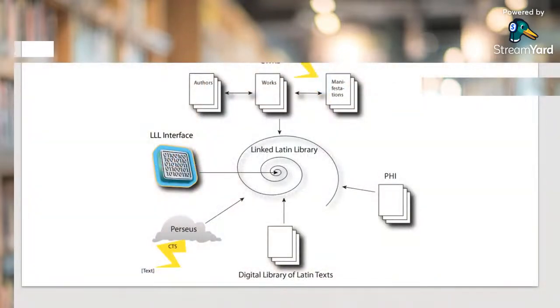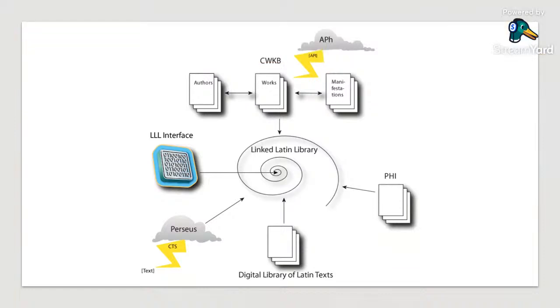So here we go. The original idea was this linked Latin library represented by this swirling vortex here, a central location for being able to find and use texts and other resources that are available elsewhere online.